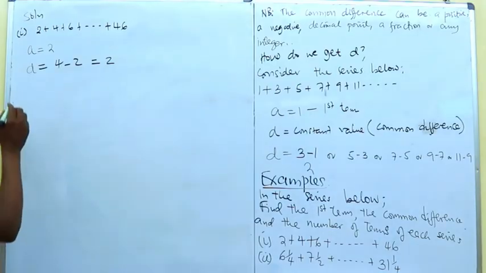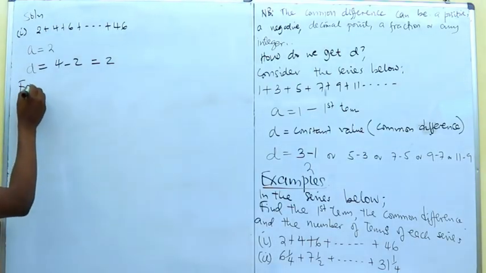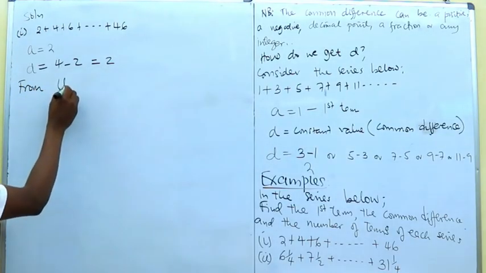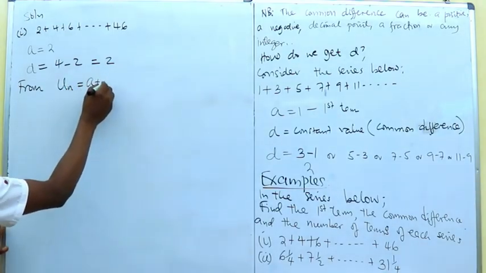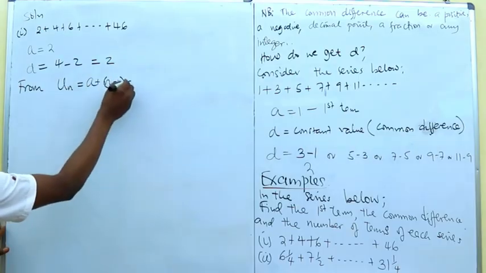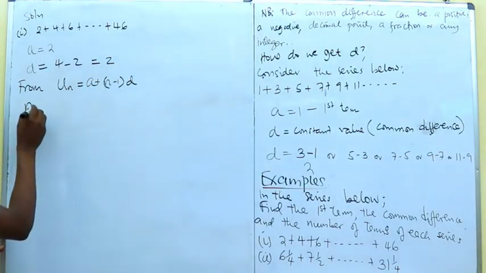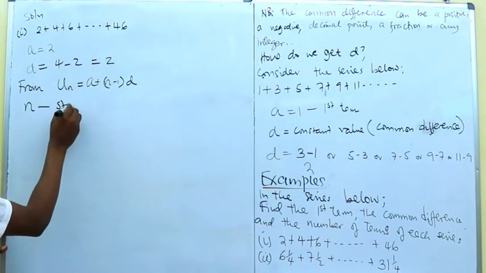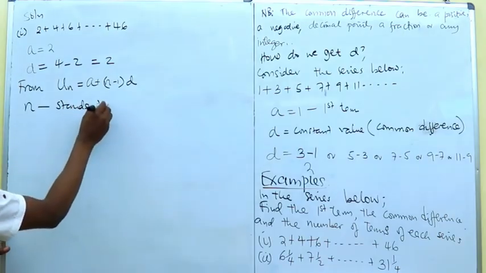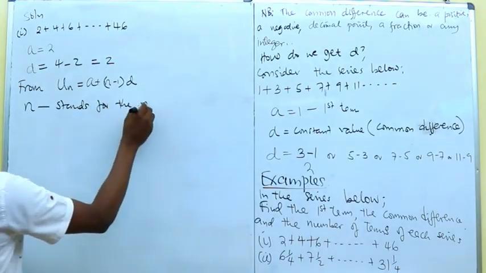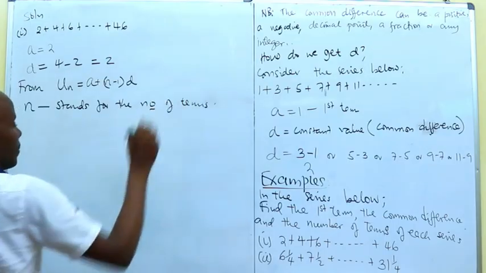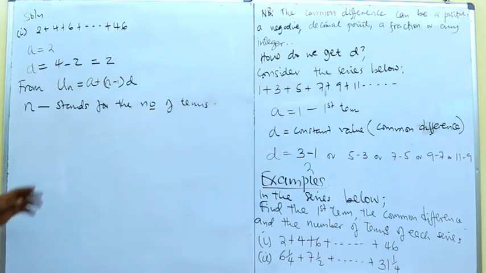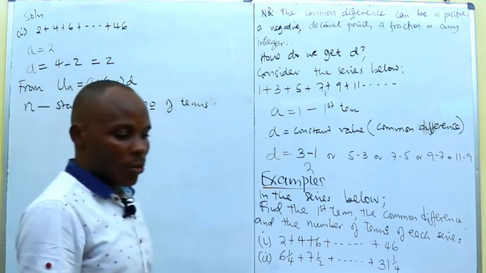Now, number of terms from Un, which is A plus N minus 1 into D. The N stands for the number of terms. That N stands for the number of what?